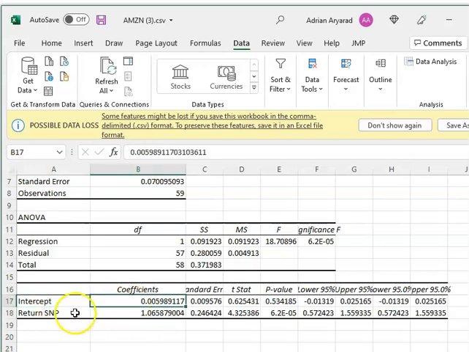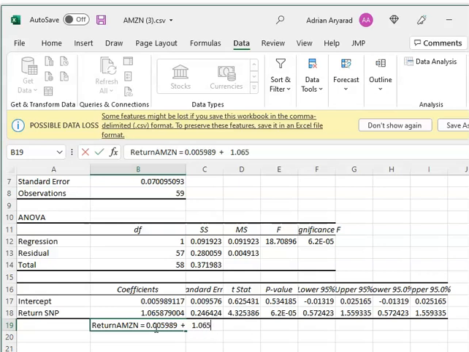We have an intercept, we have a slope, so that would be return of Amazon equals intercept 0.005989 plus the slope 1.065879 multiplied by S&P 500 return.